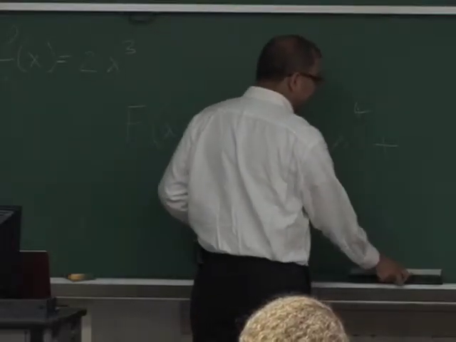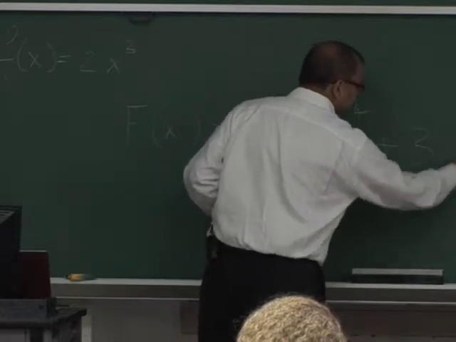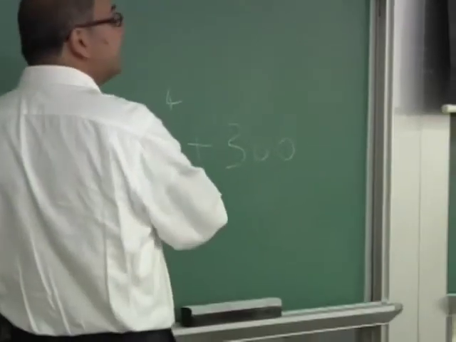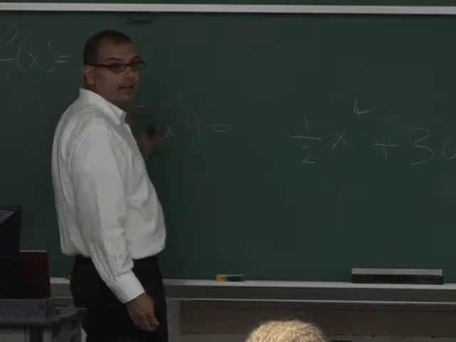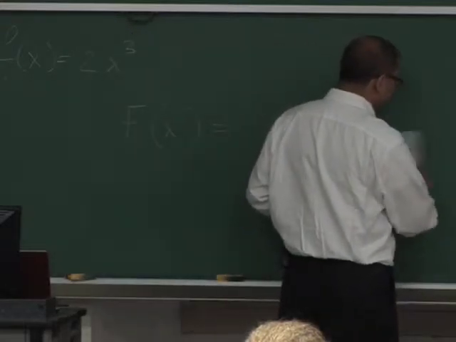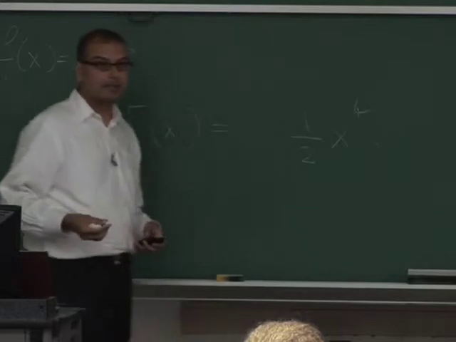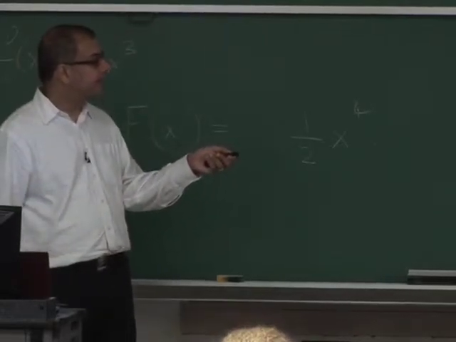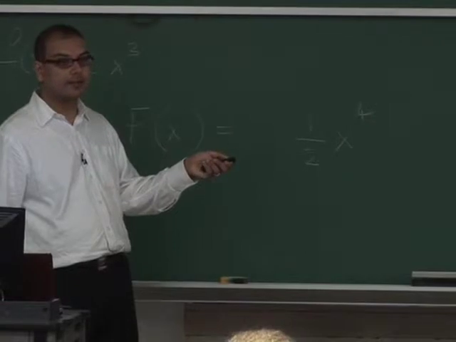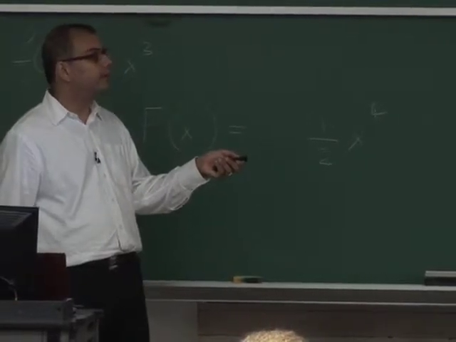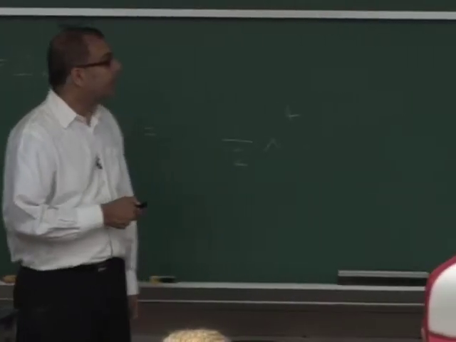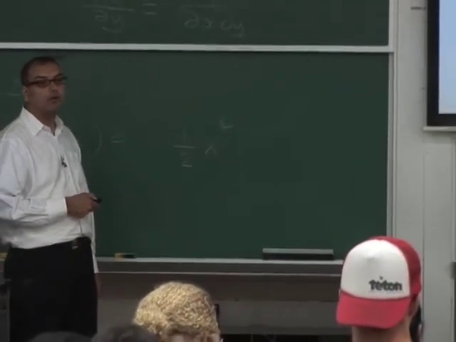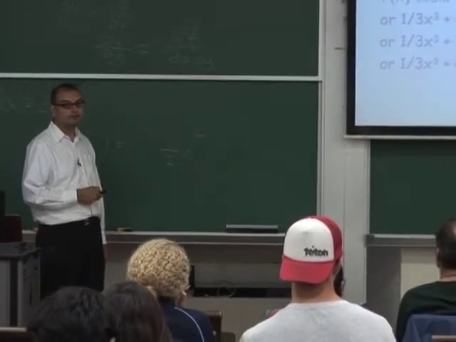And similarly, if I had 300 there. So there are many, many different functions whose derivative is this, and they're all different from each other by some constant. That C is an indication of my ignorance. I do not know the value of that constant. That could be a 0 or it could be some other number. So this is really a class of functions, all different from each other by a constant.